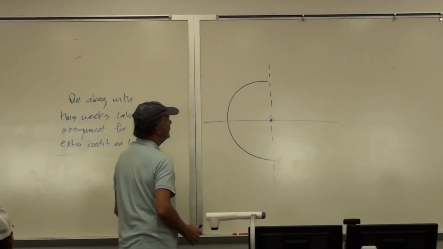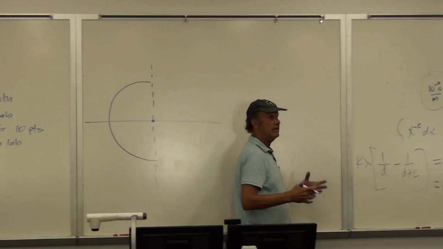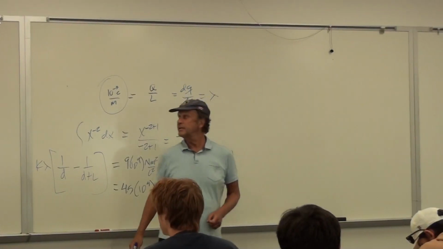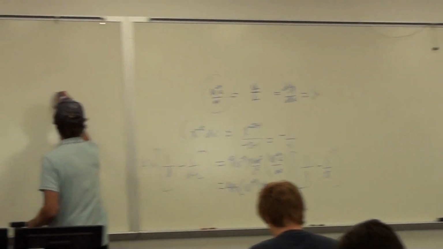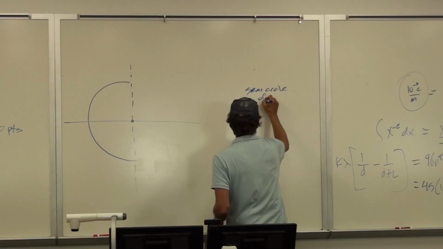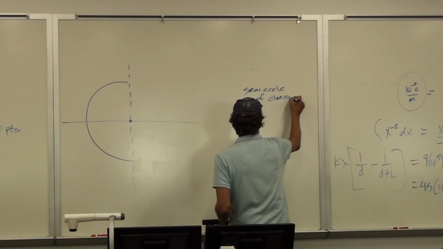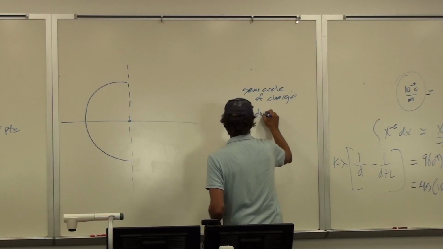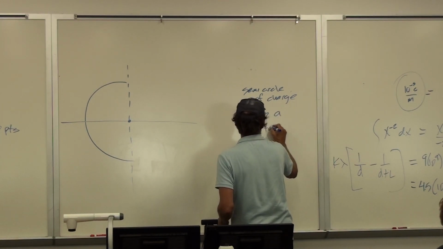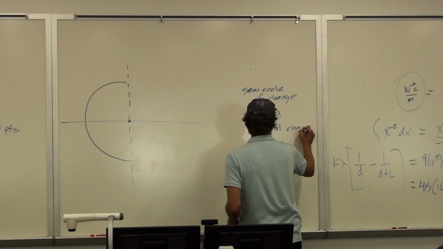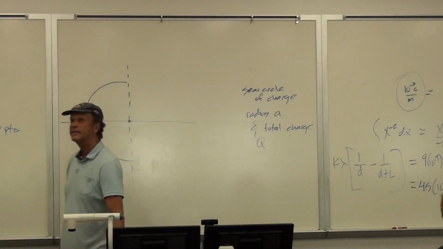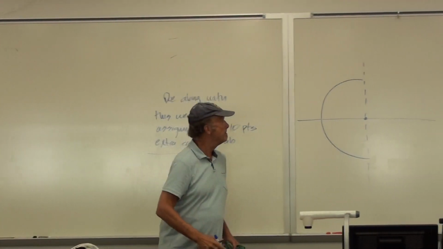For this problem, let's say that instead of having a full-on circle or ring of charge, let's say we have a semicircle of charge, radius A and total charge big Q. Let's find the electric field at the center.